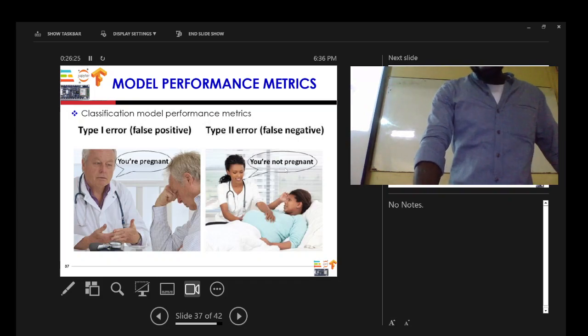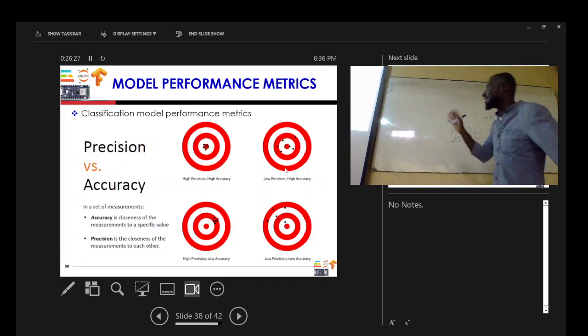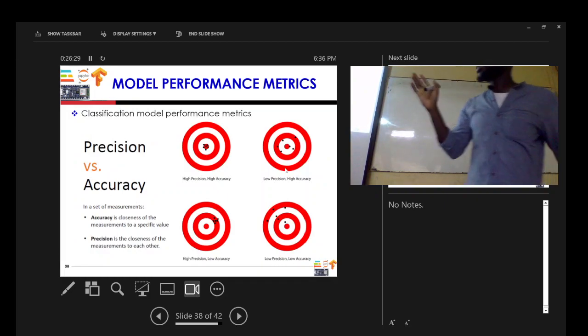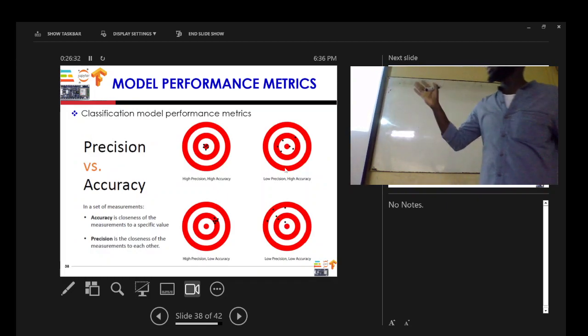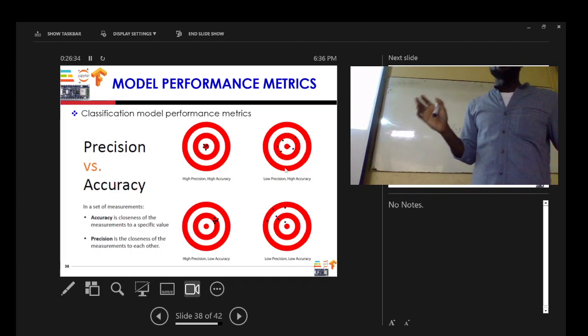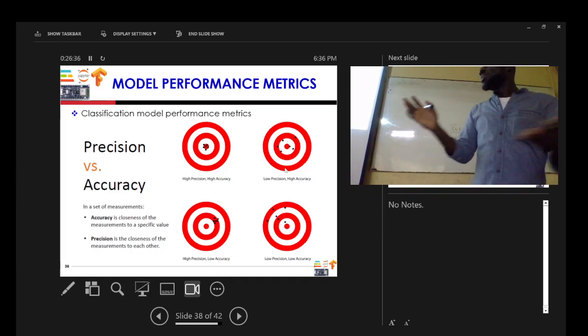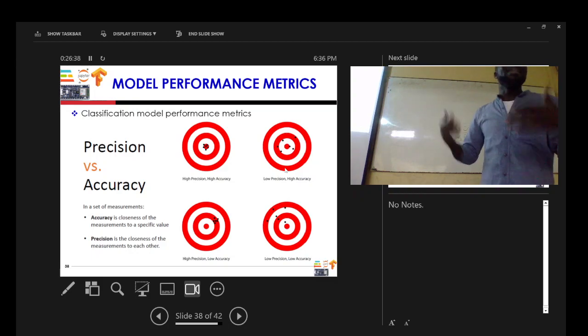Right? So now you have some metrics called the precision and accuracy. Now you can define precision and accuracy in English, right?